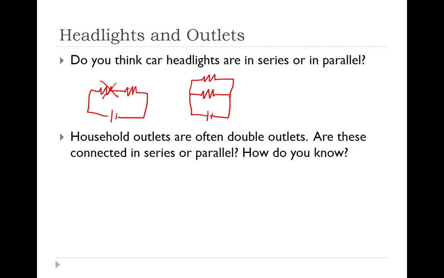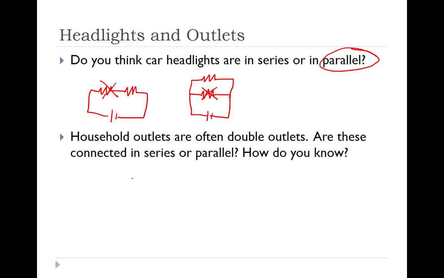Therefore, I can't have a car with one headlight on and one headlight off. In parallel, if this headlight fails, then this one can stay lit because it has its own path to the battery. So car headlights are definitely in parallel.